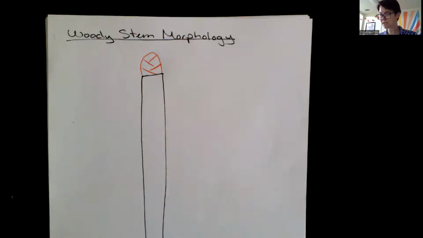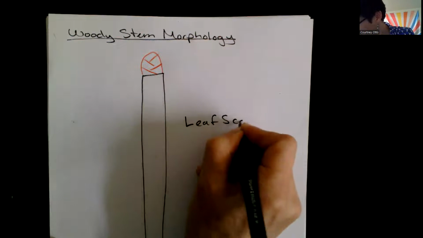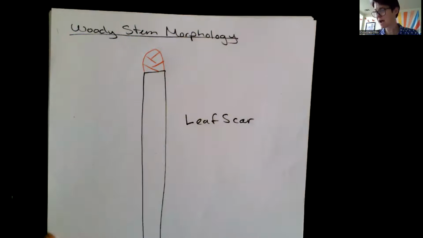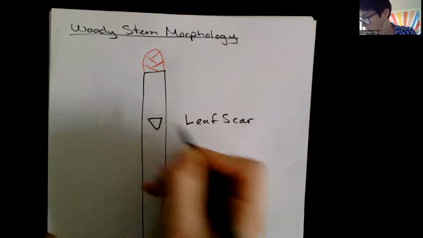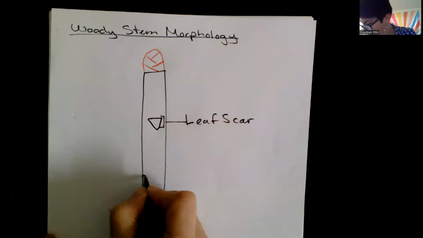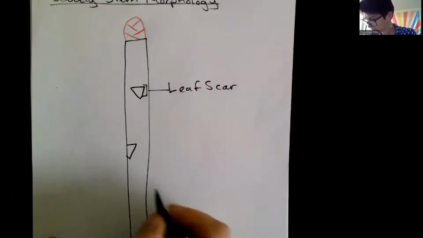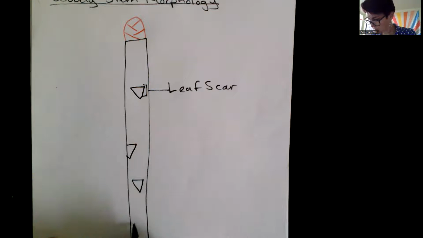Now, we can't see our leaves, but we can find our leaf scars. And those are just scars that are left behind, and we can find them externally on our stem here. So I'm just going to draw a leaf scar right here. That's showing us where our node is. I'm going to add another one right here. And another one right here. But they're just going to be all along my little stem here.